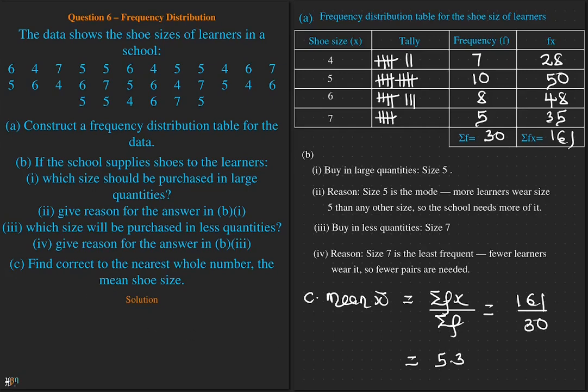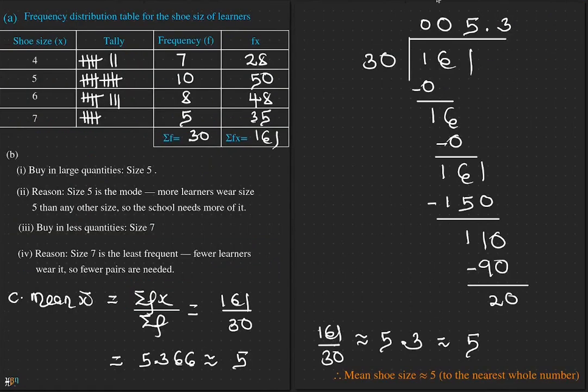It actually goes on and on to 5.366, right? But since it says to the nearest whole number, while doing the long division, you can just end at 3. And you'd approximate it to 5. If you want to see how the long division is done, this is it over here. You can just follow along.